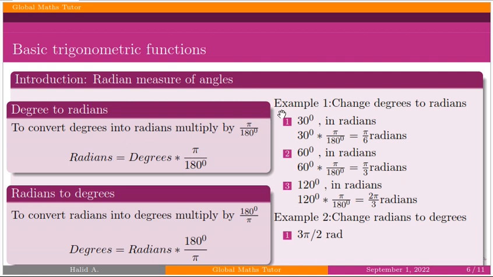To change radians into degrees, we multiply by 180 degrees over pi, so 3 pi over 2 times 180 over pi gives 270 degrees. The same way, pi over 4 radians can be expressed in degrees by multiplying by 180 over pi, which gives 45 degrees.